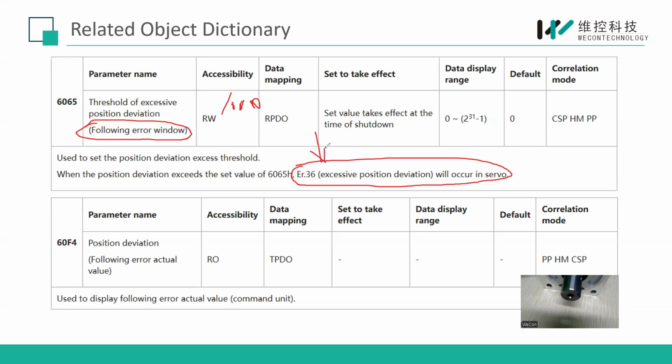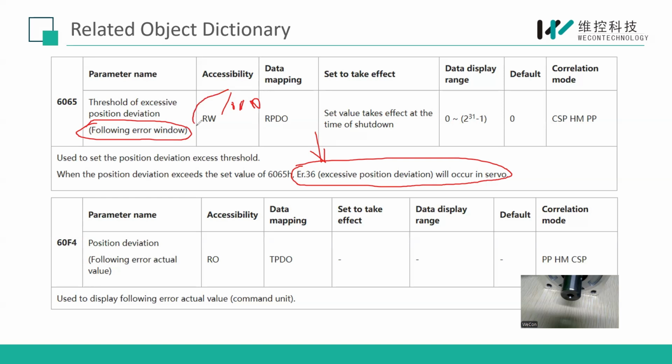For example, if they have some problem with the machine parts. For example, PLC is always sending the position command, but the motor, because of the mechanical problem, didn't rotate or rotates very slowly. In this situation, the following error will become bigger and bigger, so this error will appear.